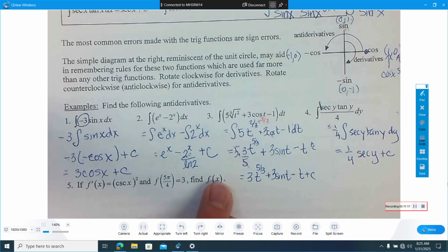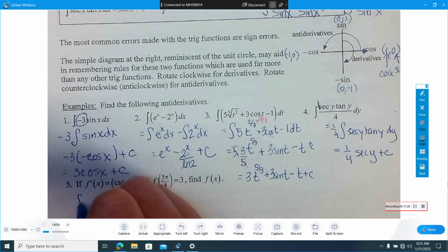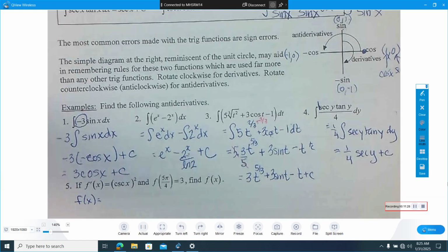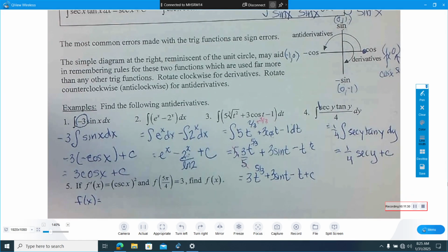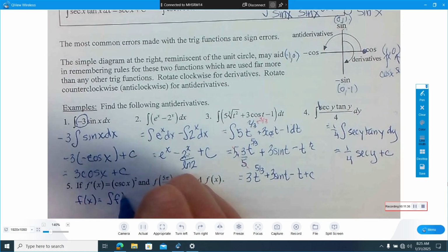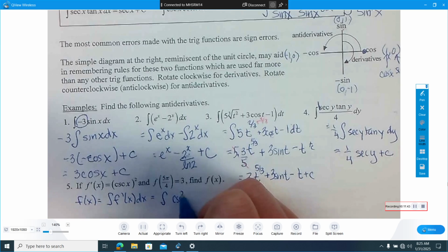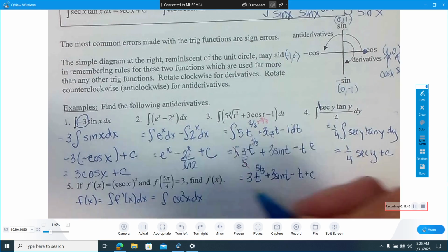They want us to find the original function. So what do we need to do? How do we find f of x? Integrate the derivative. Yeah, integrate f prime of x dx, which is the integral of cosecant squared of x dx.